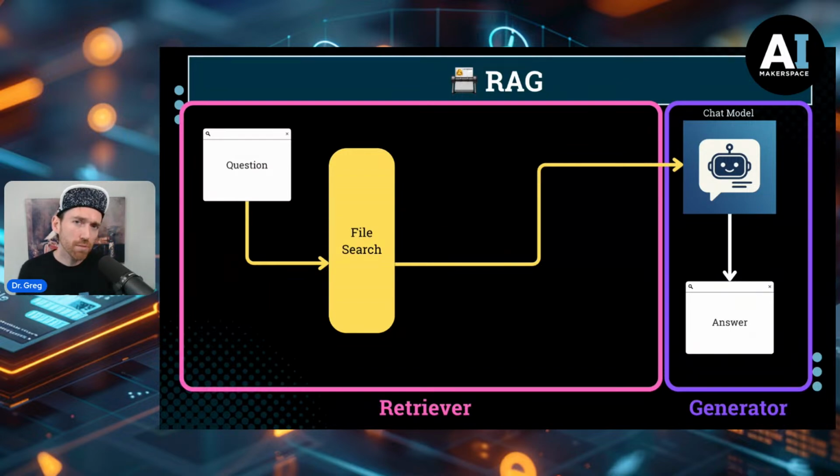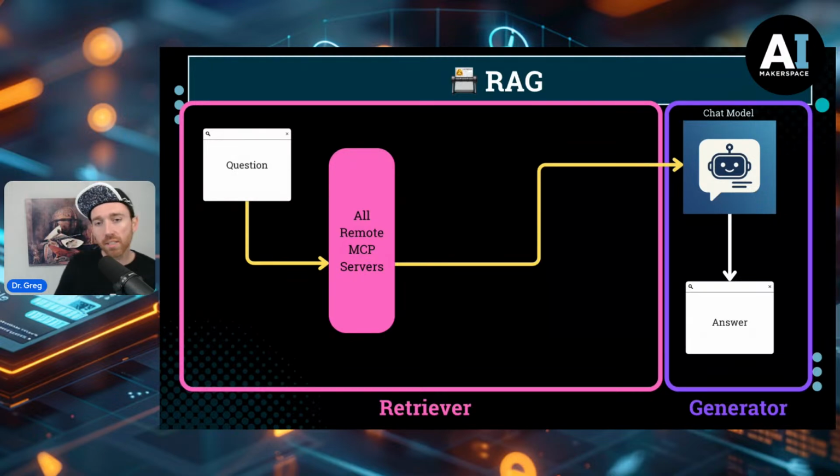And this retrieval step, whether we're retrieving documents directly from a single file through the Responses API, or we're retrieving information from a broader MCP server, we're doing the same thing. We're going and getting information, we're bringing it back into context.